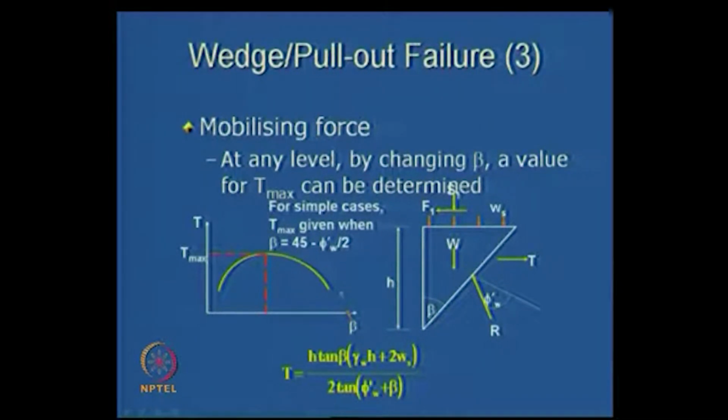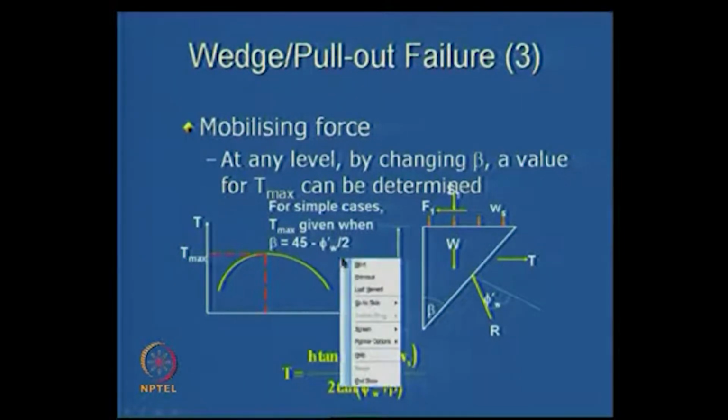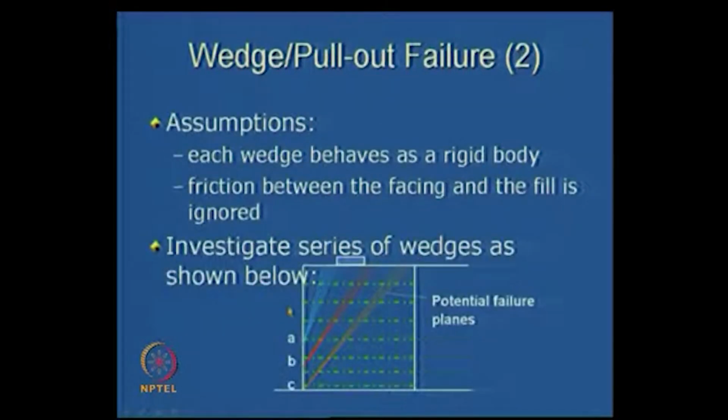Once you plot that, you will have the maximum value. So you take the maximum value as the tensile force required to keep all the wedges in equilibrium. It is a very simple case where you calculate the maximum tensile force required so that the wedge failure will not occur. That is the principle here. All these wedges are put in this form, right? Okay.